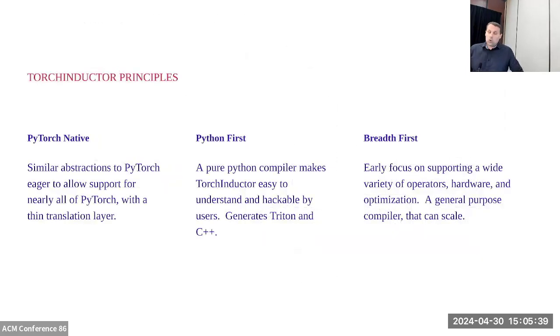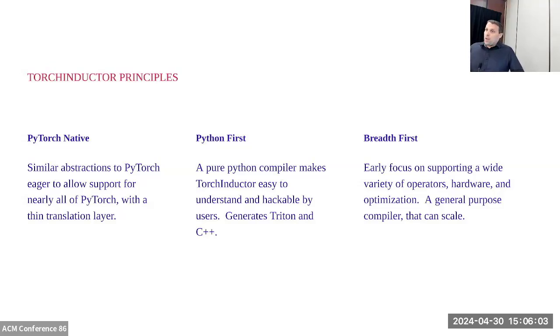So next I'm going to talk about Torch Inductor, which is the default backend for Torch compile, and how Torch Inductor works. I'm going to first start out with some of the principles that motivated this design. So the first principle is we want something that's PyTorch native. PyTorch has a lot of abstractions in it, which are different from other frameworks.